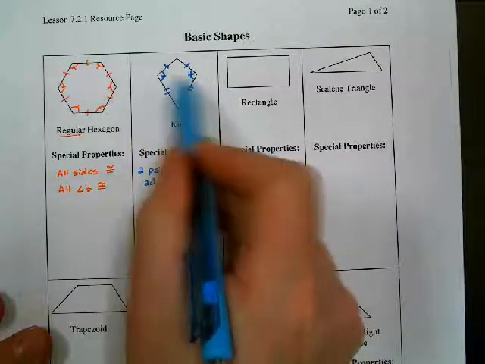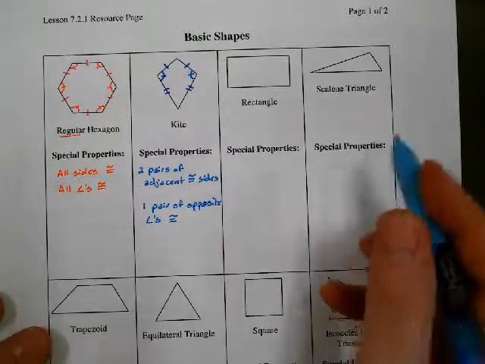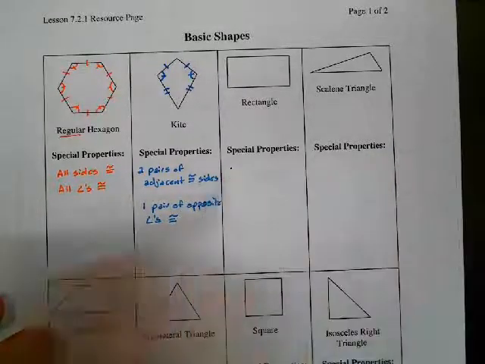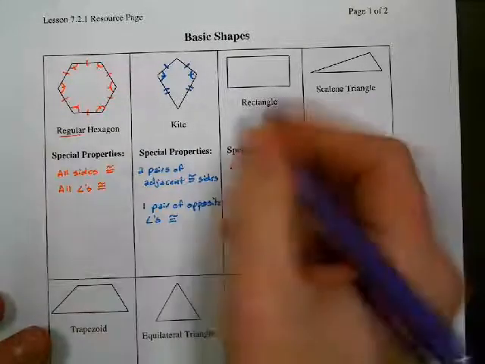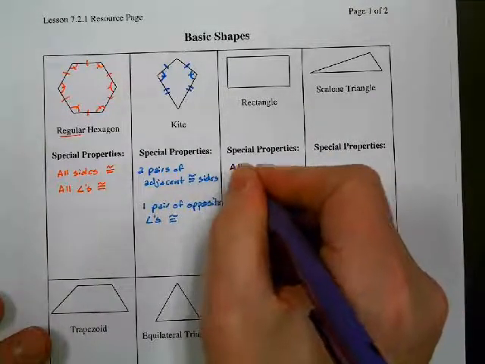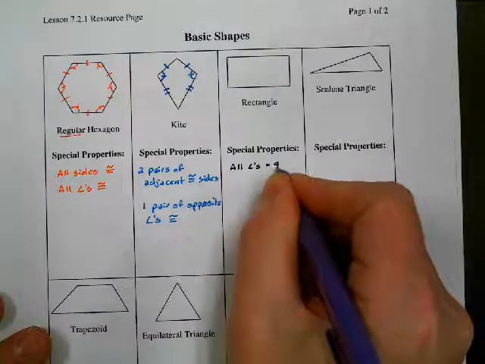A rectangle. In a rectangle, all the angles are 90 degrees. Opposite sides are congruent.